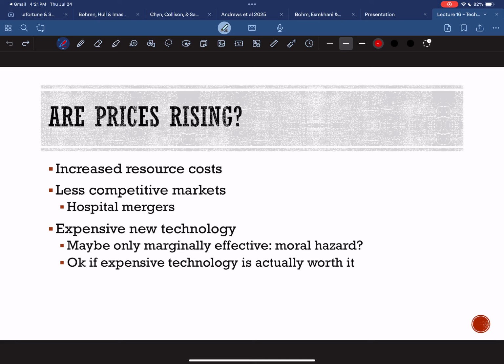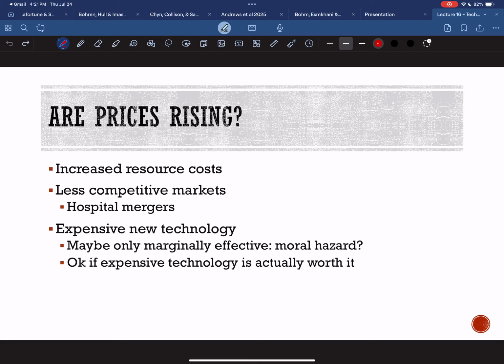The way hospitals compete is really complicated, and it's partially through quality of care. It's a little bit through price, but it's also partially in which hospitals are in network or out of network for your insurance coverage, right? So there are reasons to doubt that it's hospital mergers, but it could definitely be hospital mergers that are driving higher prices.